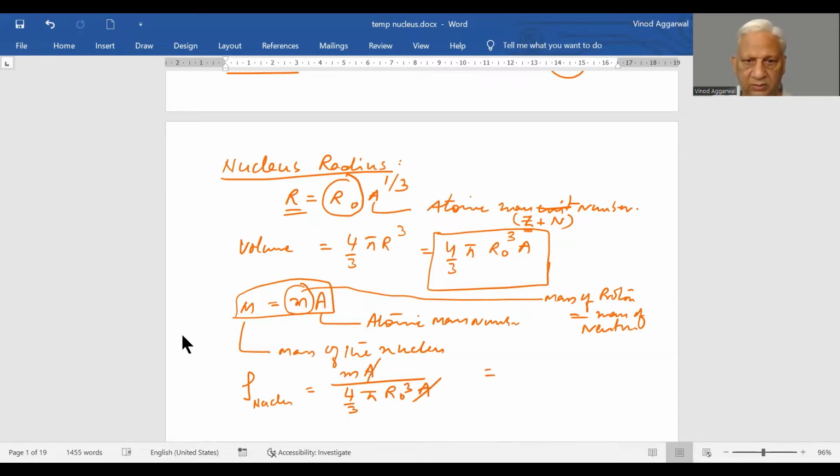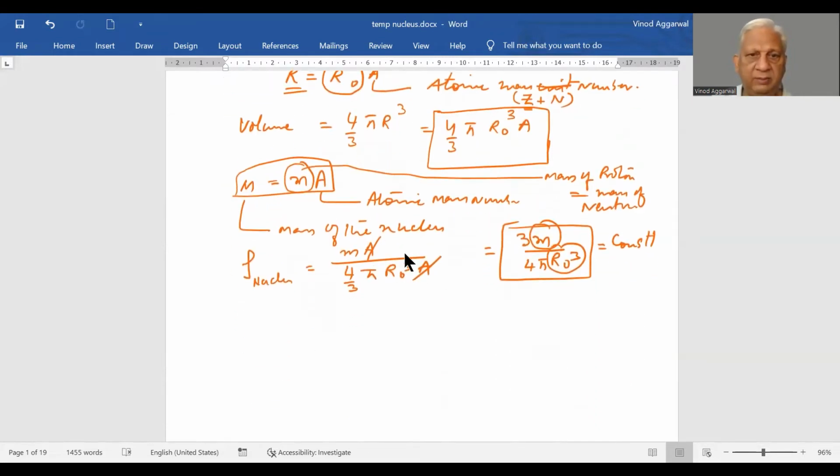What you get is 3m over 4 pi R0 cubed. Now here everything is constant. This is constant, this is constant, everything is constant. From this equation, what we say is that the density of a nucleus is a constant value. It doesn't depend upon atomic mass number.